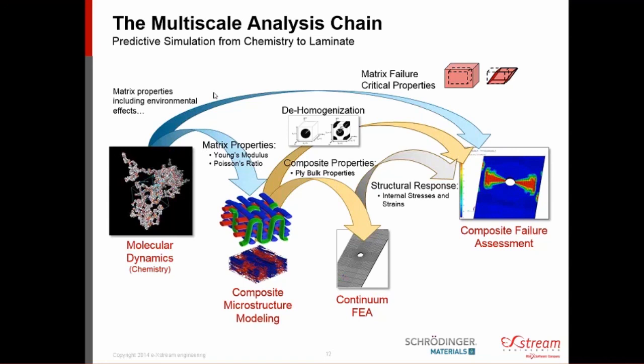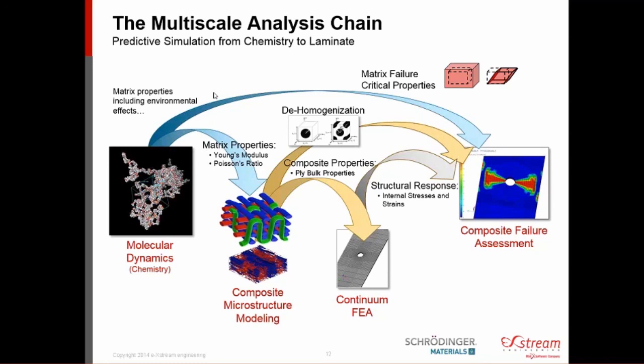If you know that you're sensitive to moisture, if you know that your formulation is weak at high temperatures, you can take steps to fix it. So the MD analysis is very powerful in giving us a view of how the matrix behaves at all of these different conditions.